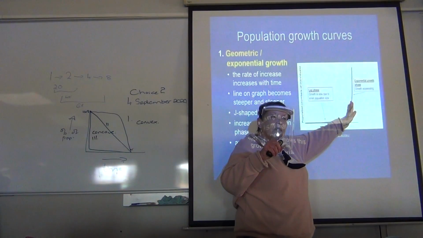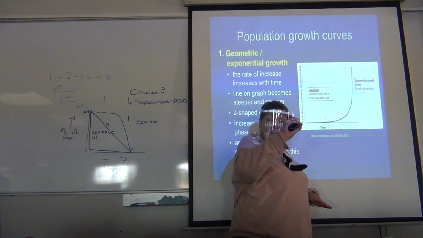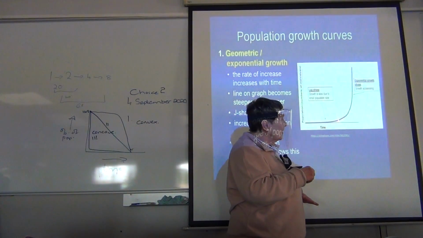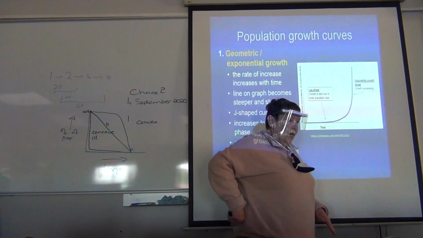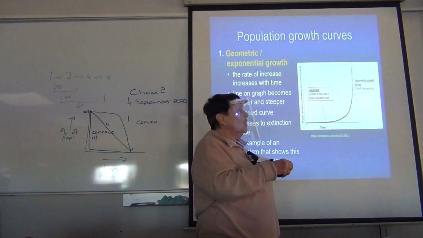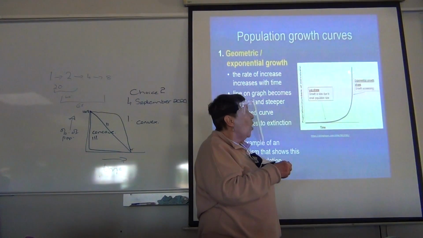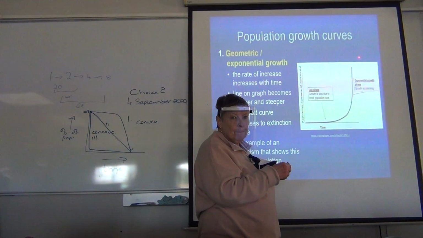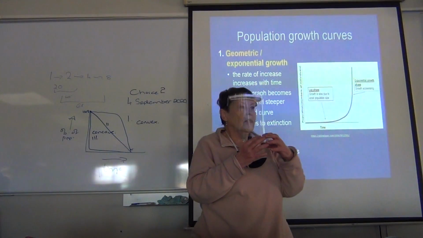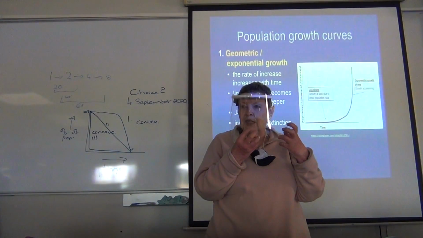But because the steepness of the graph is increasing, the rate of increase is increasing, and that is called an exponential growth phase. The growth is accelerating. Generally, it'll reach a stage where the requirements for life become all used up. If it's in a container, the nutrients would be used up, the oxygen would be used up, carbon dioxide would be given out, etc.